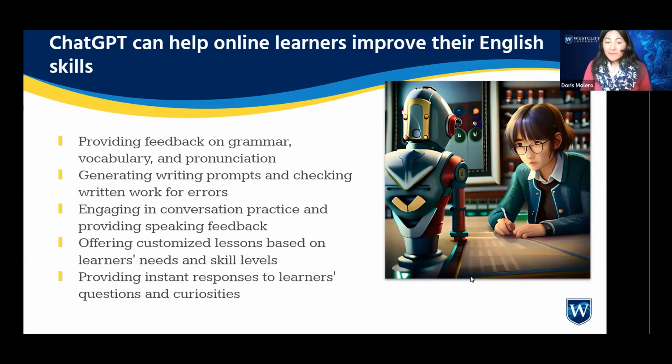This feedback helps learners recognize areas for improvement and suggests methods for correcting errors. Also, it can generate writing prompts based on learners' interests or needs and check the written work for mistakes. This is one of the most common practices. It provides feedback on writing style, organization, and coherence.